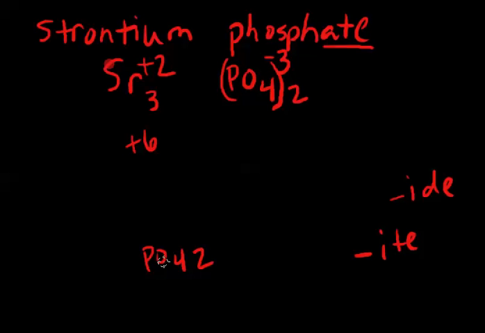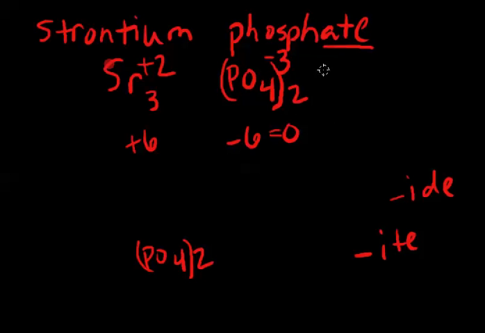You have 1 phosphorus and you have 42 oxygens. So you have to have the parentheses. This means 2 phosphates. So anytime you have a polyatomic ion and you need more than one, it has to go into parentheses. You can never change the formula for phosphate. So 2 phosphates will give us -6, and that will add up to 0.